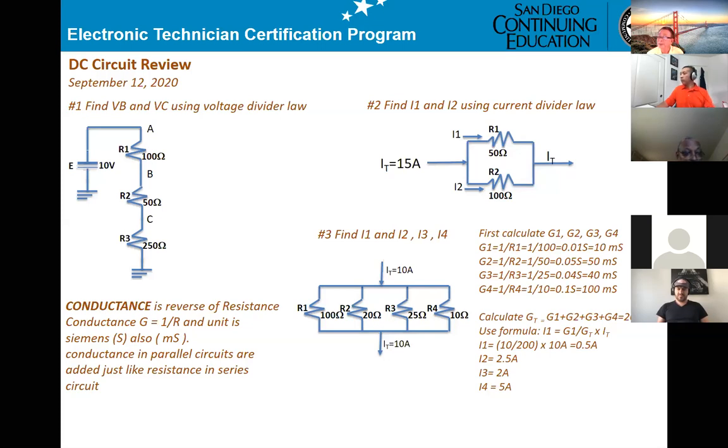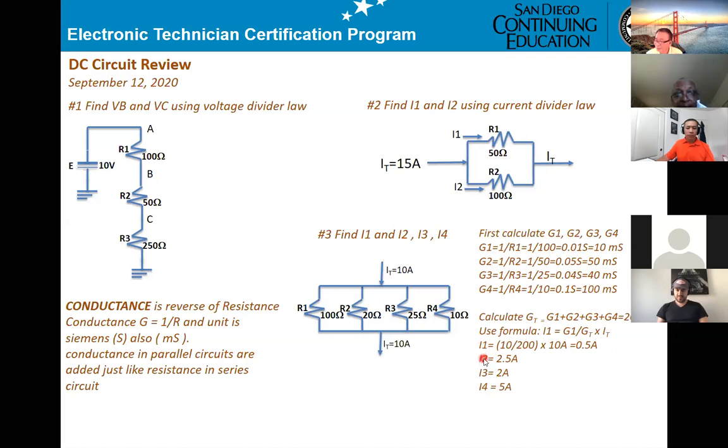Then you just calculate the total conductance equal G1 plus G2 plus G3 plus G4. You get 100 millisiemens. Here is the formula: I1 equals G1 divided by G total times I total. That way you are able to calculate the I1.